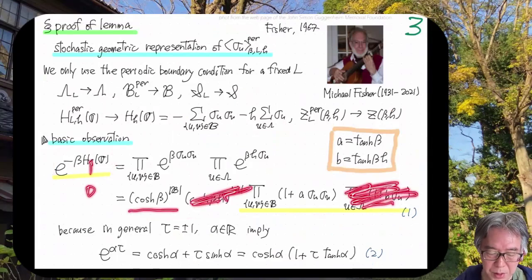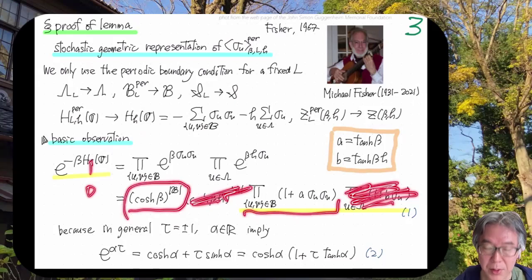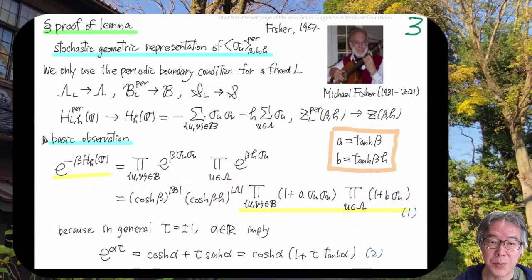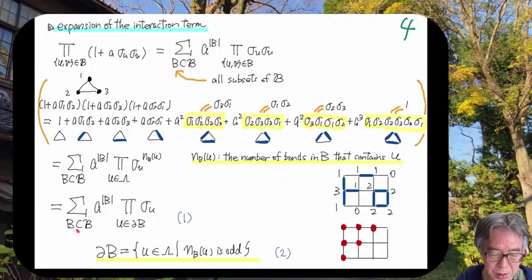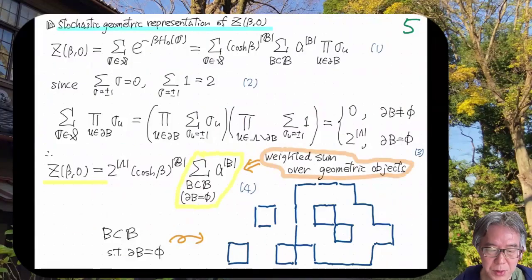So we only have this hyperbolic cosine and this thing. As for this thing, we discussed this expansion. So we plug this in. So we have this hyperbolic cosine, and this is the expansion that we discussed on page 4. And here we have this summation over all possible spin configurations.